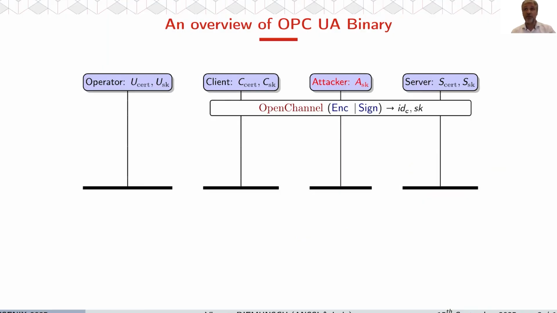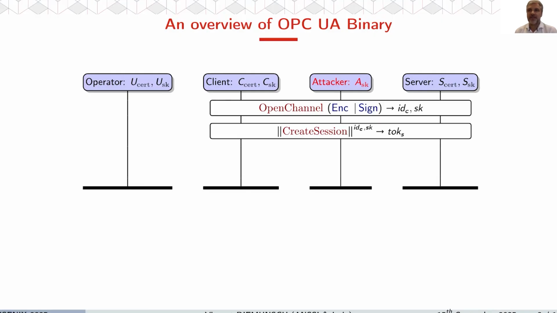The client uses asymmetric cryptography in the open channel subprotocol to derive a set of symmetric keys denoted SK for the secure channel identified by IDC. These keys are used for message authentication codes and encryption.